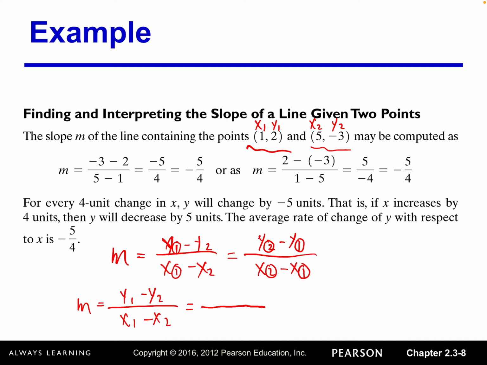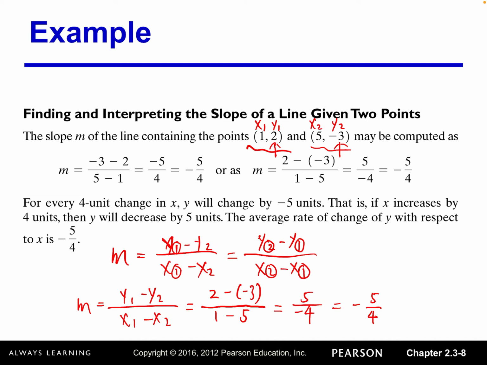That's y1, that's 2, right? 2 minus negative 3, divided by 1 minus 5. In the numerator, minus negative becomes a positive 5. The denominator is negative 4. So the slope equals negative 5 over 4.